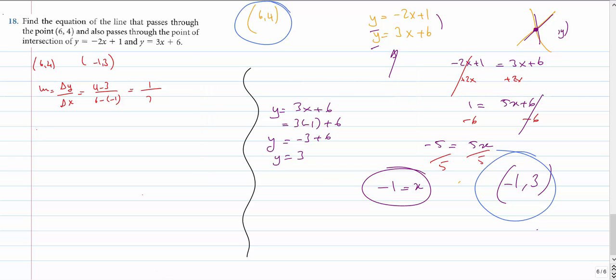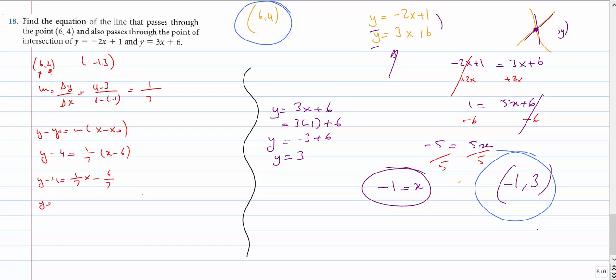And y minus y sub 0 equals slope times x minus x sub 0. So you can take any of the points. I'm going to take this one, 4, 1/7, x minus x sub 0 is 6. So y minus 4 equals 1/7 x minus 6/7.